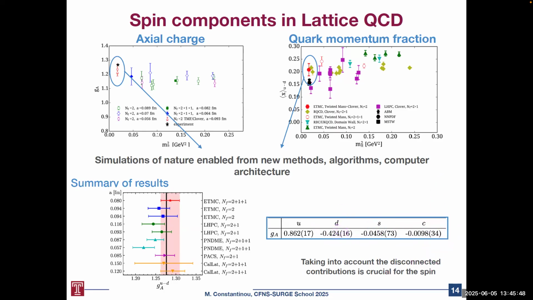These errors incorporate not only statistical but systematic uncertainties, meaning continuum extrapolation and being at the physical point and volume effects and discretization effects and so on. So see how difficult it is to get such a small number from very noisy data. However, this seems to work. For some quantities, we have reached the precision level. The spin is one of them.